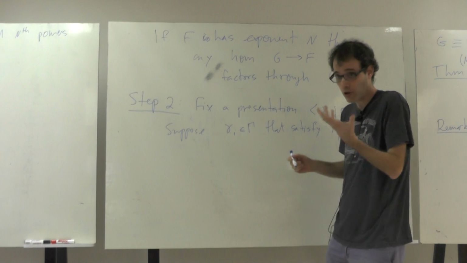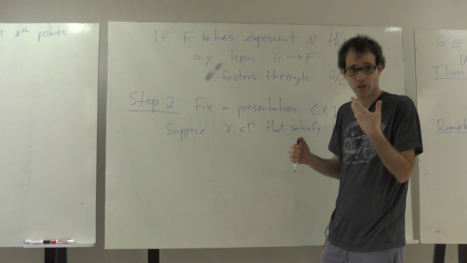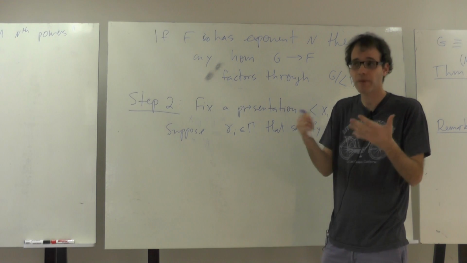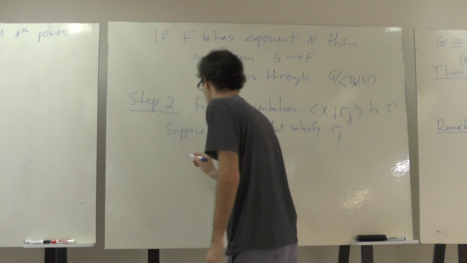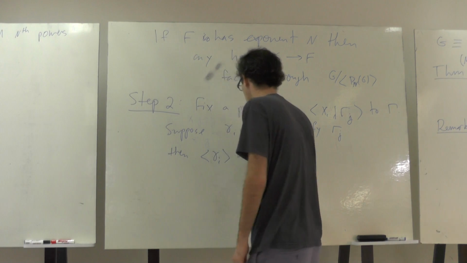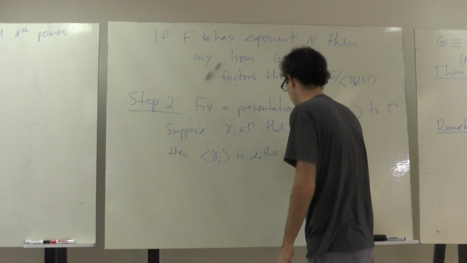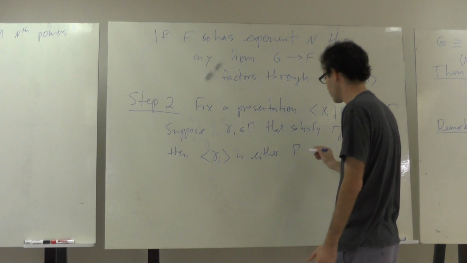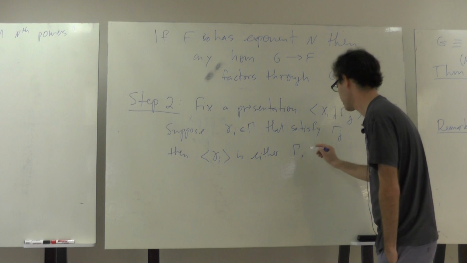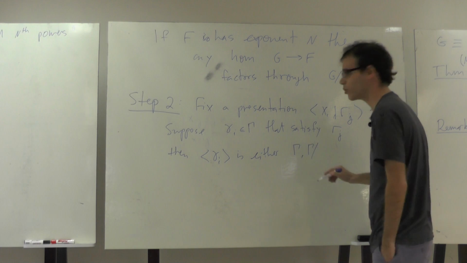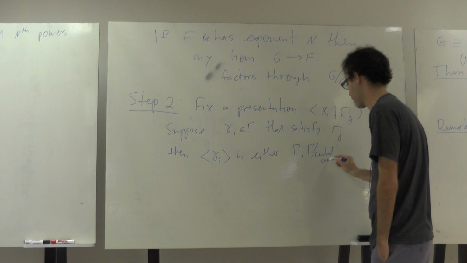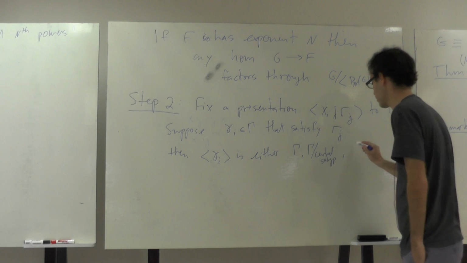Okay? So by the normal subgroup theorem, every quotient of gamma, so gamma doesn't have many quotients. Then the subgroup generated by gamma i is either gamma, or gamma modulo some central subgroup, or finite.